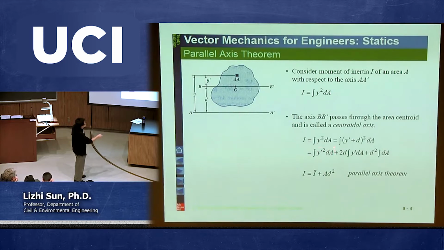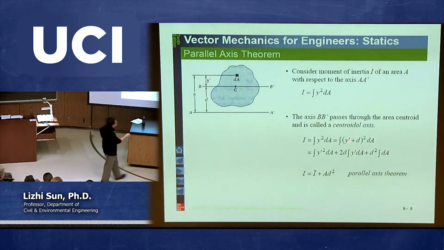So this one, in fact, is the moment of inertia with respect to this new axis. Previously, on the left, is the moment of inertia with respect to A prime. But you expand this one, you get the first term, which is the moment of inertia with respect to B prime.